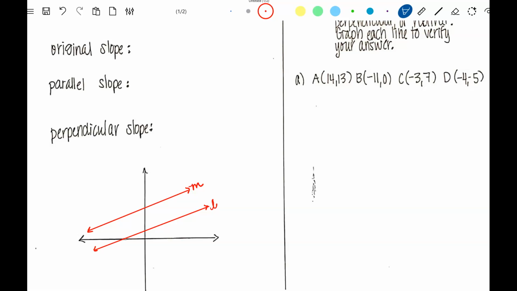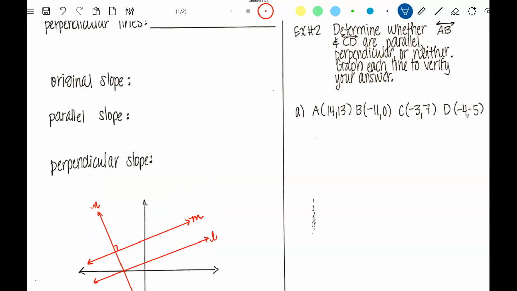If we're talking about perpendicular lines, they're not going to have the same slope. They're going to intersect and form a right angle.